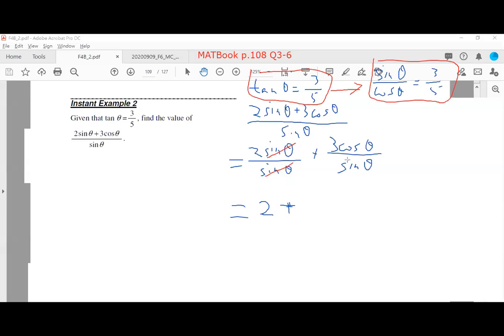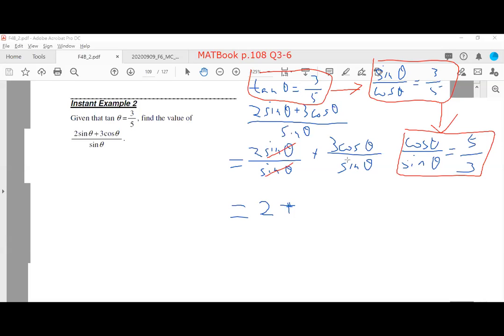Okay, and if I take the upside down of both sides of the equation, we will have cosine theta over sine theta is equal to 5 over 3. Can you see this? Just take the upside down of the fraction, and we'll find that cosine theta over sine theta is equal to 5/3.